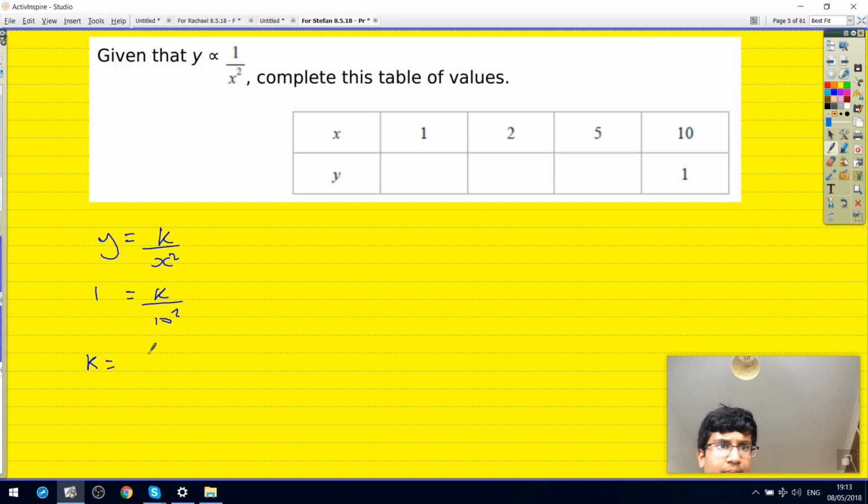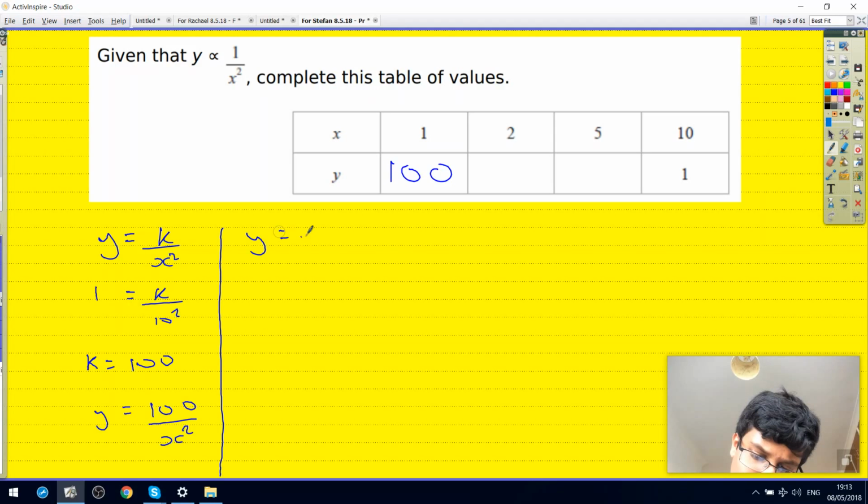Yeah. So now that you know the constant is 100, that would be 100 over 1 squared, which for the first one is 100. The second one, y is 100 over 2 squared, which is 100 over 4, which is 25.